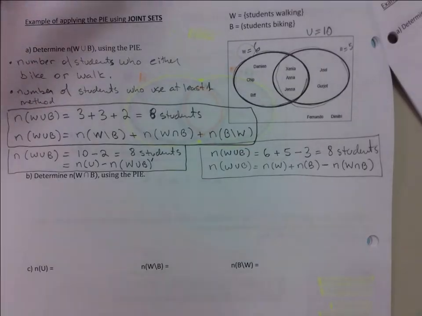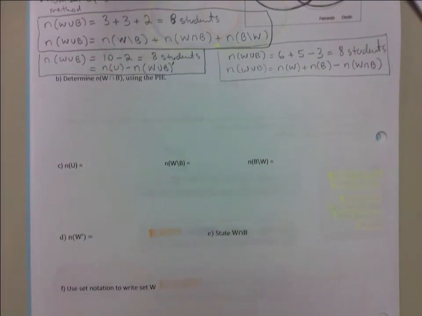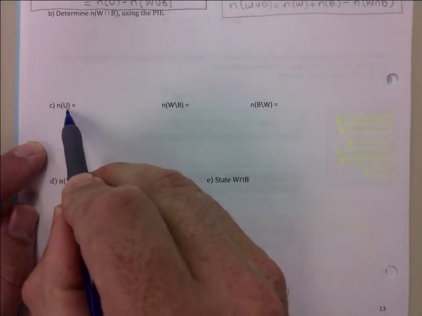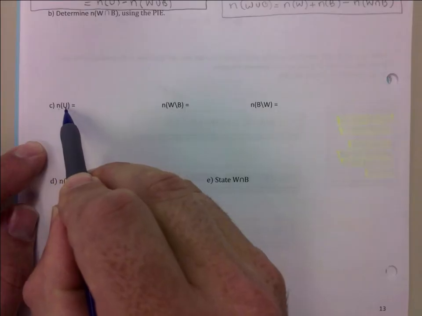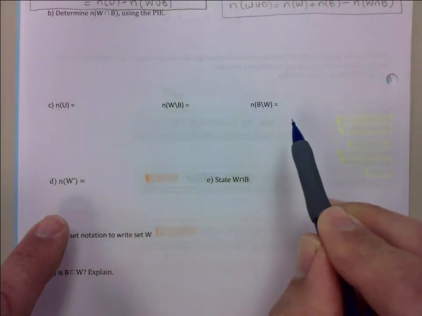I want you to right now fill this in right here, this part. Using our diagram, what would be the universal? Like how many students are in the universal? How many students are in this set? So I want you to actually fill that in with numbers.